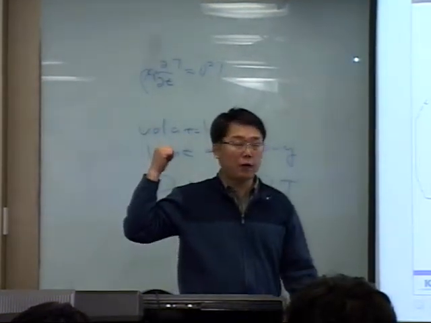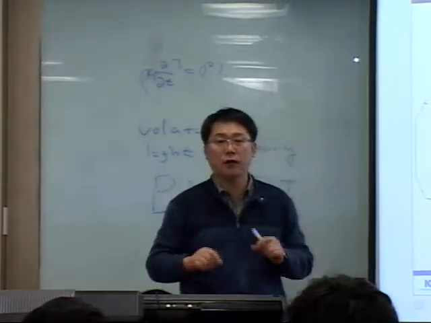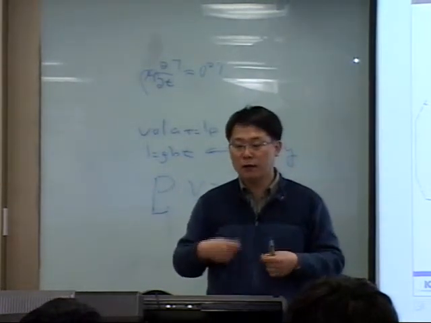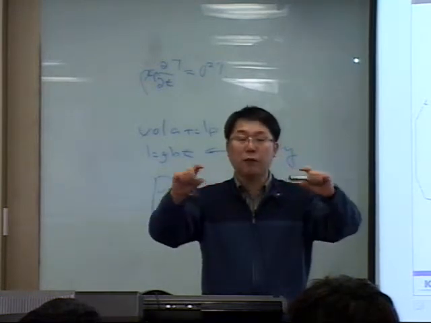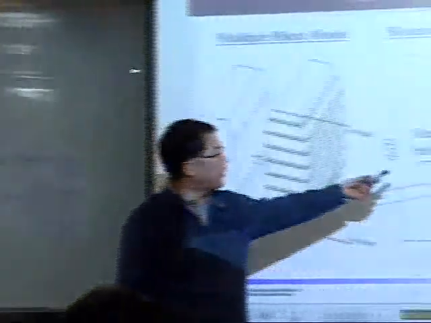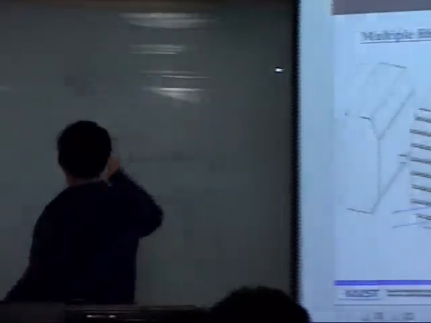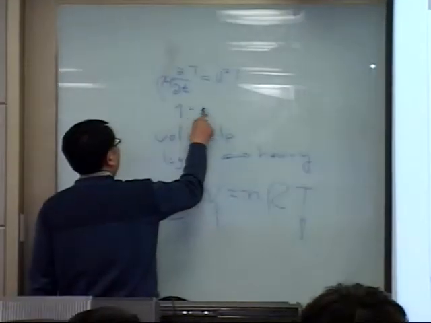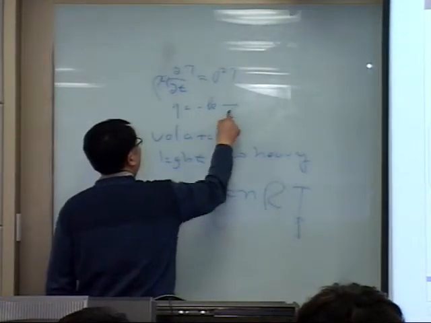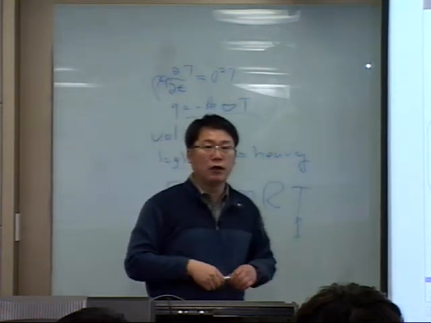For this simple geometry, we can calculate the temperature distribution, and from the temperature distribution, we can calculate the heat flux, right? The heat flux is, you remember this equation?